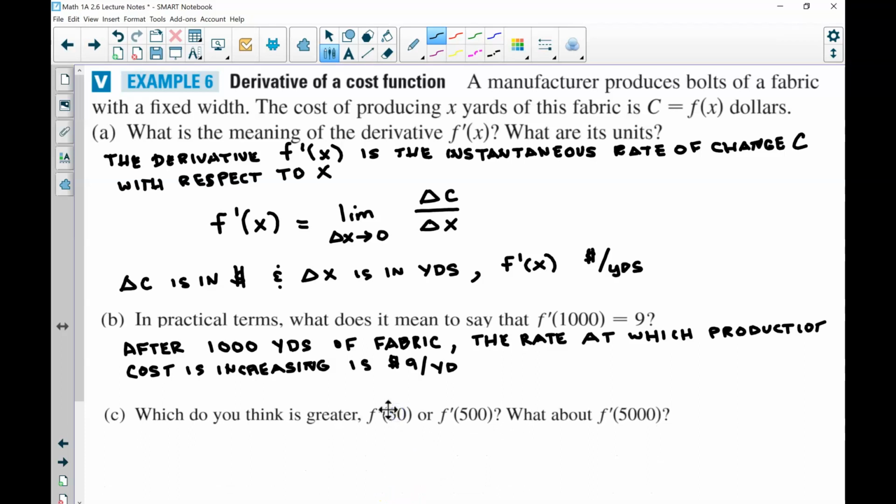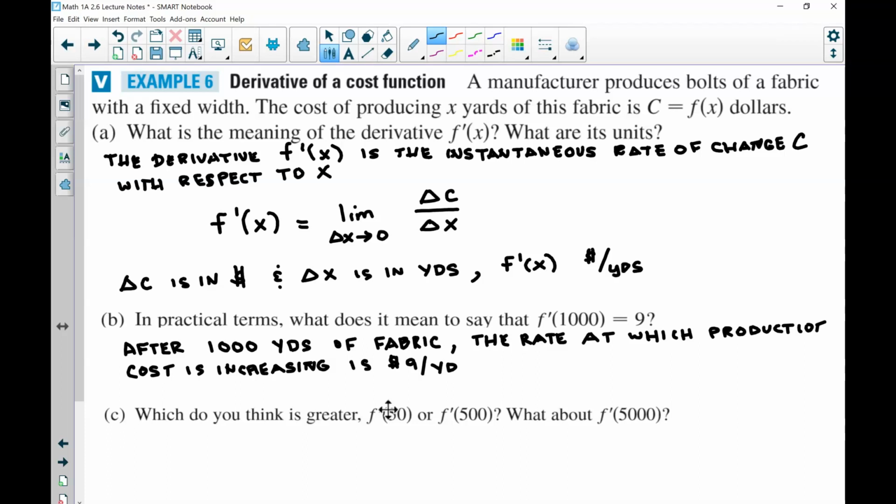Okay, now for part C, it's asking us which do you think is greater, f prime of 50 or f prime of 500? And then what about f prime of 5,000?